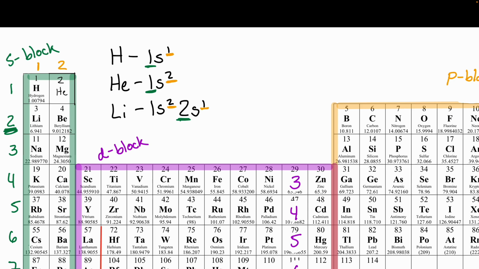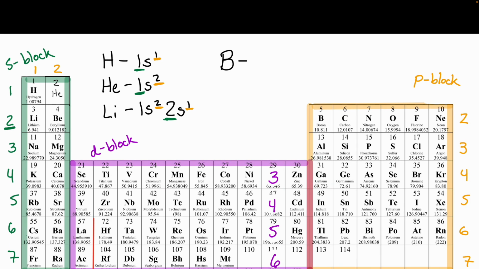Cool, so then let's do boron. Boron lives in which block? The P block. And it lives in which row? The 2p row. So the last orbital in boron's electron configuration is 2p.